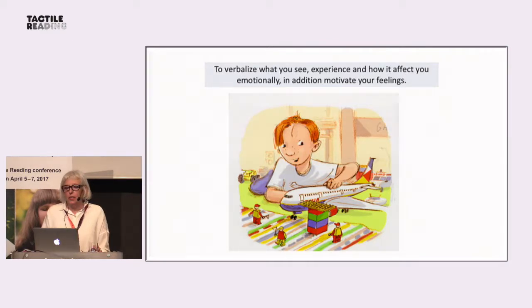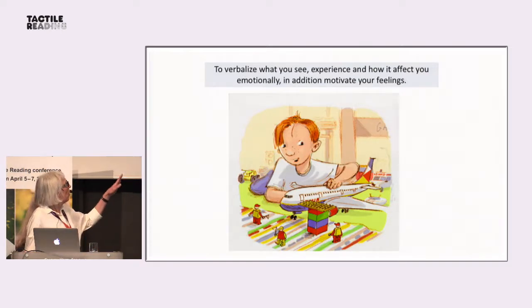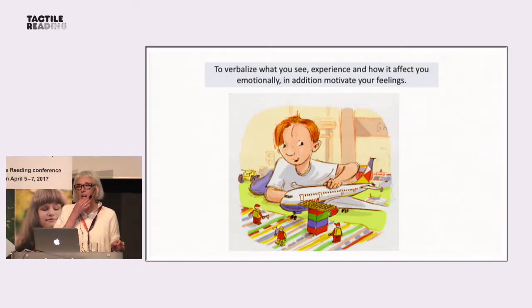So if we look at this picture, where to start? You can either focus on the boy that covers half of the picture and the airplane he's playing with, or the small figures in the front that look like staff at an airport. So the aim of showing these pictures is also to start to think of what we are asking for when we ask a child to interpret details, tell what they think and what they feel when they're talking about tactile pictures.